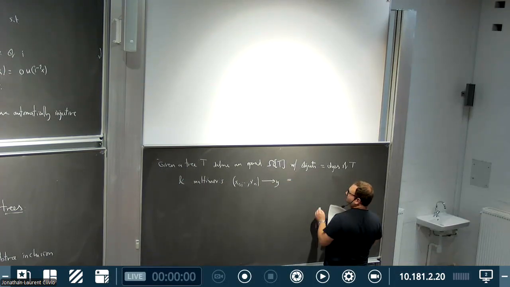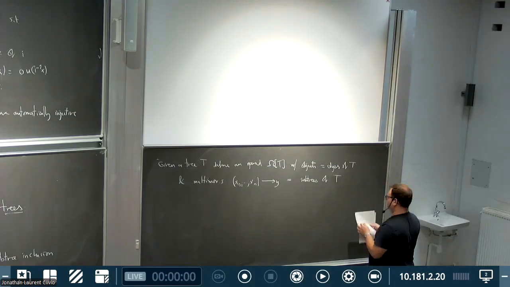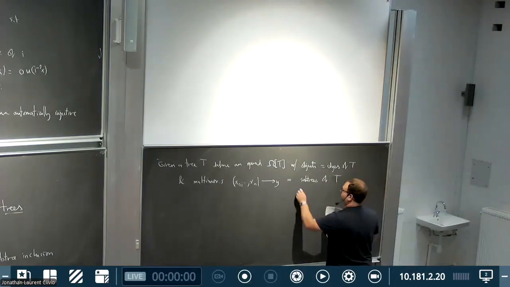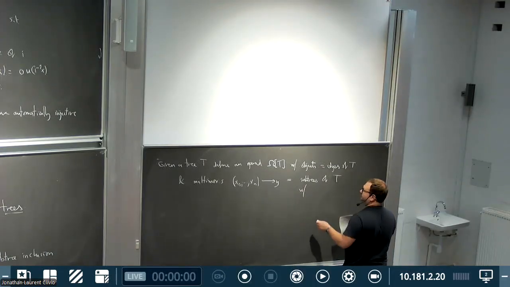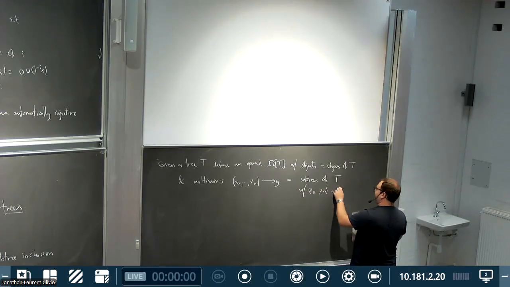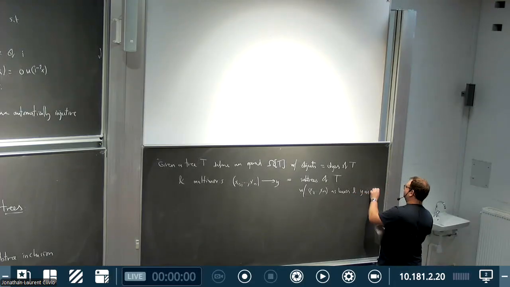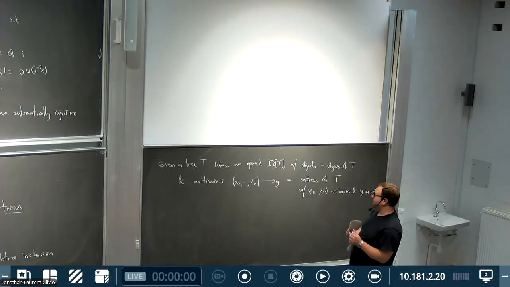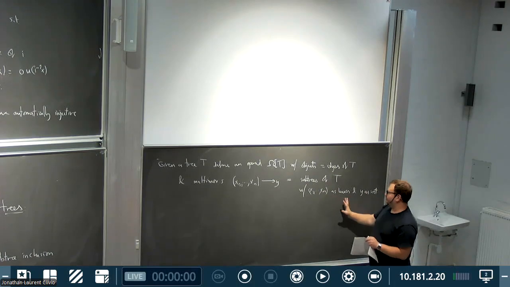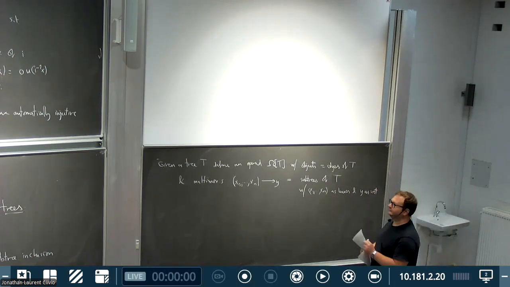will be the collection of subtrees of T with x1 to xn its leaves and y its root. And then you have an action by permuting the leaves. That's also kind of baked into the definition.